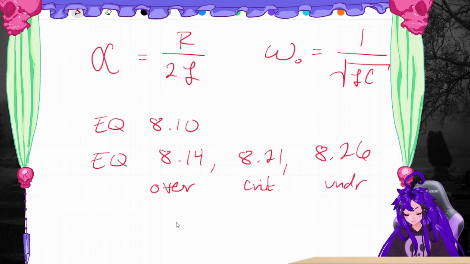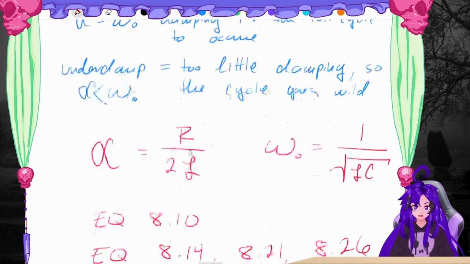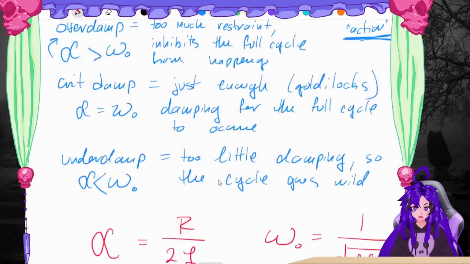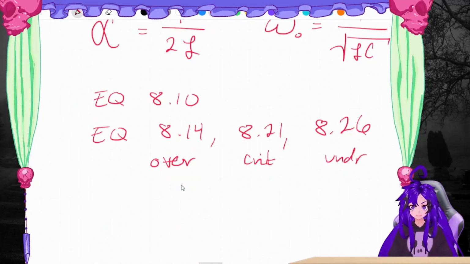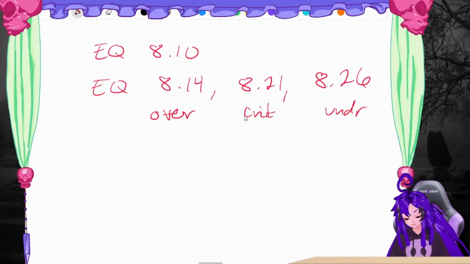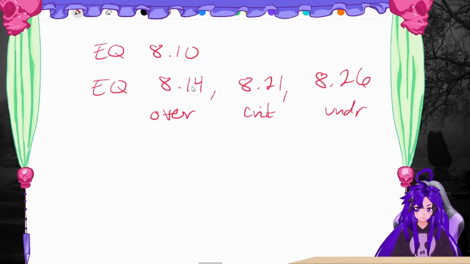So you will need to be able to identify, so basically calculate these for the equation and figure out if it's over, critical, or underdamped, and then you might need to apply that. Basically, knowing that tells you which one of these three it is.